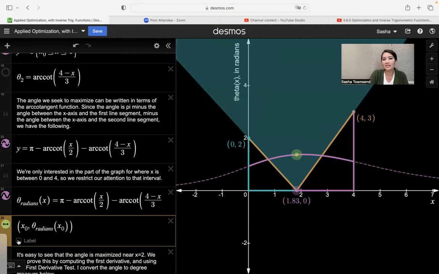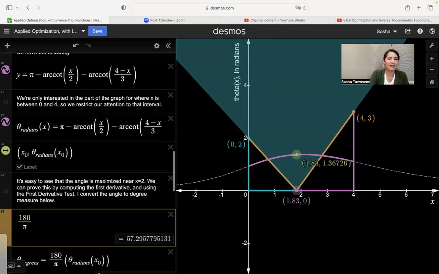Then, what is that angle measure at a particular x value? Well, we can plot that point, x naught, and our theta value in radian measure. And then we see when x is equal to 1.83, the angle is approximately 1.36726.